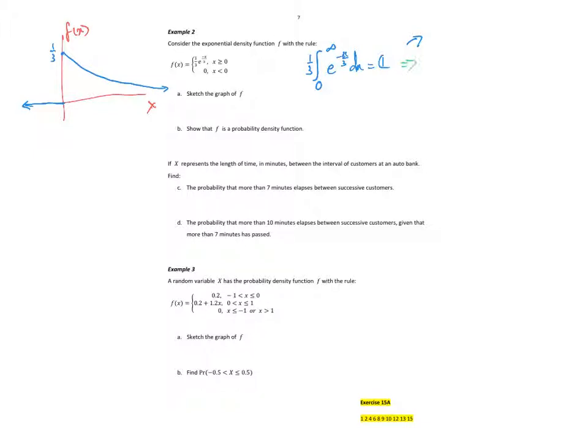Okay, so that implies then, now we can't just substitute infinity in. So that implies the limit as k approaches infinity of this whole rule, and instead of putting infinity there, I'm going to put k.